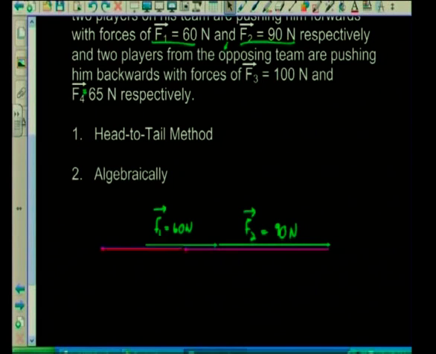When you join this with your rulers, it's easier to make sure that they exactly head to tail. And this was F3, which is 100. This is F4, which is 65.